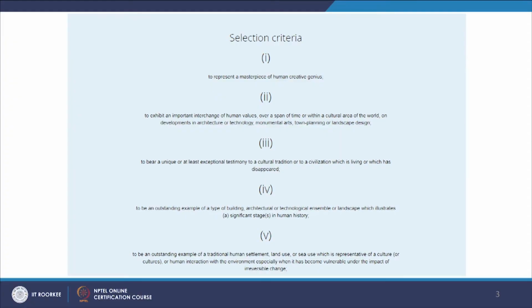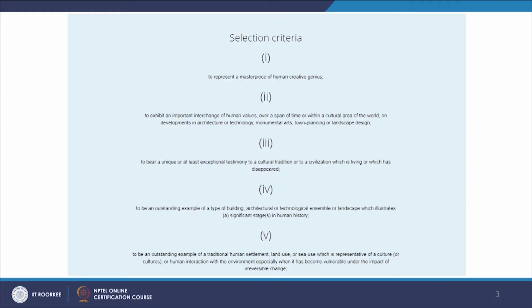For instance, the representation of a masterpiece of human creative genius, and the important interchange of human values over a span of time or within a cultural area of the world, and developments of architecture and technology. Like this, there is a series of 10 criteria which has been laid out.